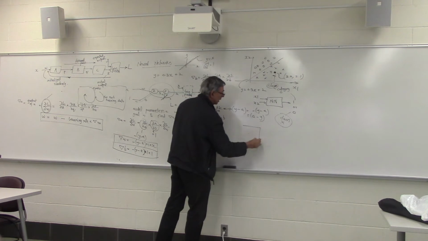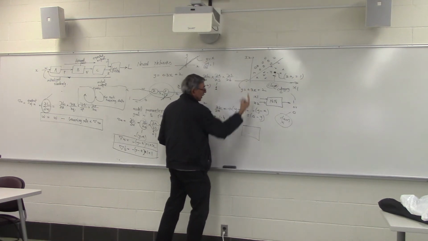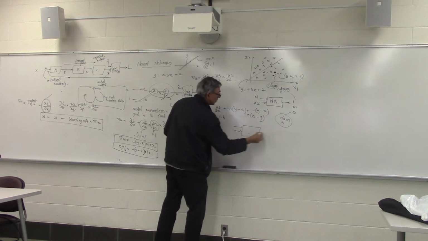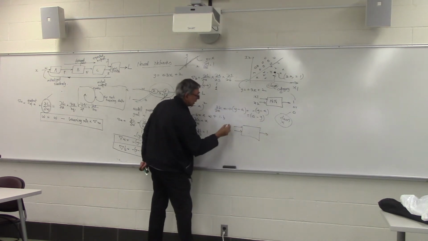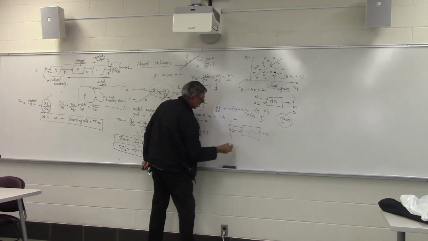For example, let's again imagine this is 0.3x plus 2. So if we feed in x1 of 2 and x2 of, let's say, 2.1.